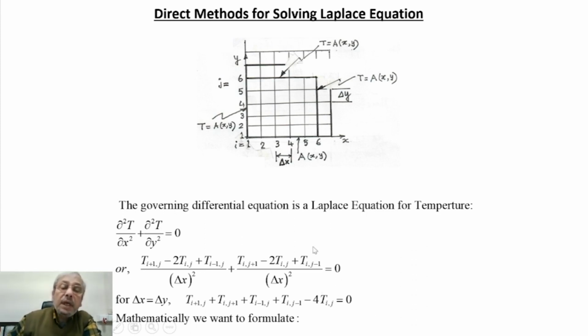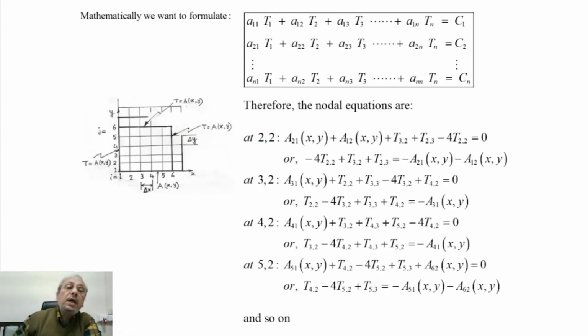If we consider any point here, we can definitely express the differential equation at that point in terms of its four neighbors and the point itself. Let us proceed further.